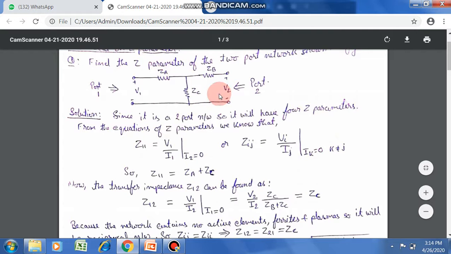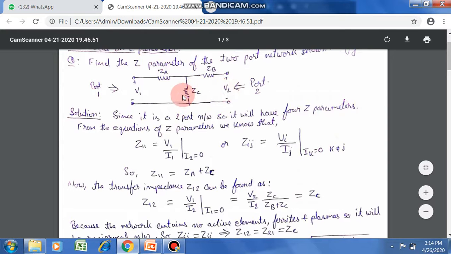So V1 upon I2. If we want to find V1, V1 will be nothing but the voltage appearing across this resistance. So how much voltage will be appearing across this resistance? The voltage here is V2. V2 is getting divided here and here. So applying voltage divider rule, how much of V2 will go here?